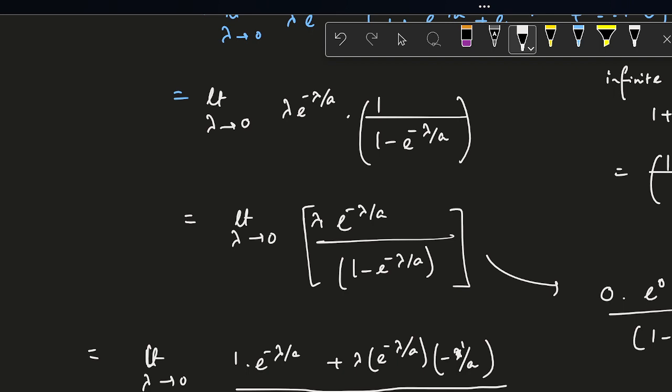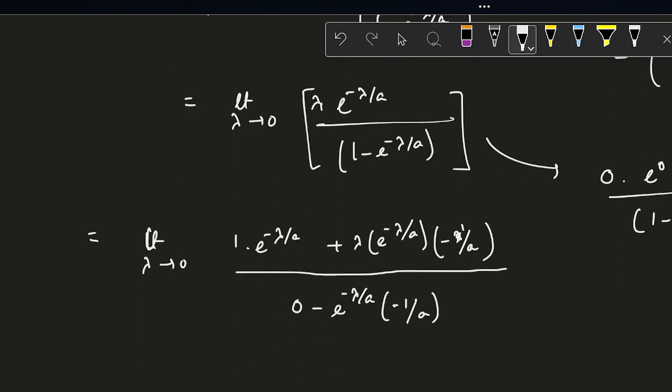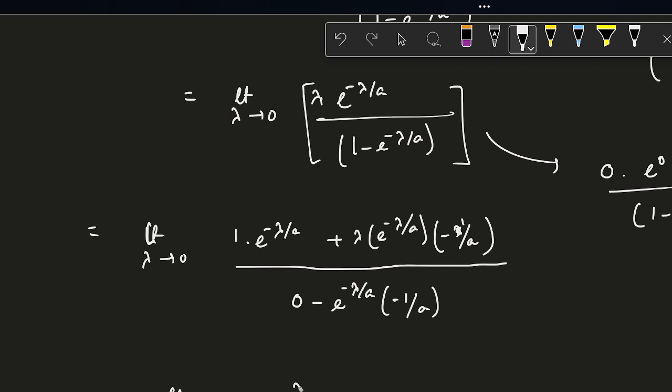So what is the final term? You get e to the power of minus lambda by a. Then be careful with the sign. Here is a minus sign. So it is minus lambda by a e to the power of minus lambda by a, divided by, here the minus and minus will make it plus, so it is e to the power of minus lambda by a, by a.